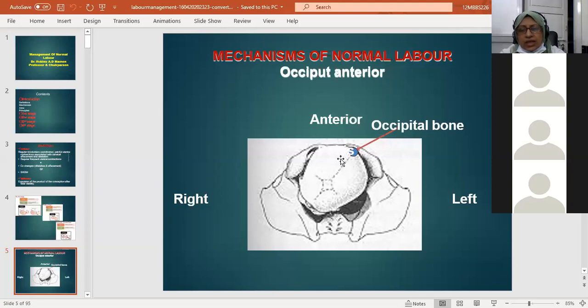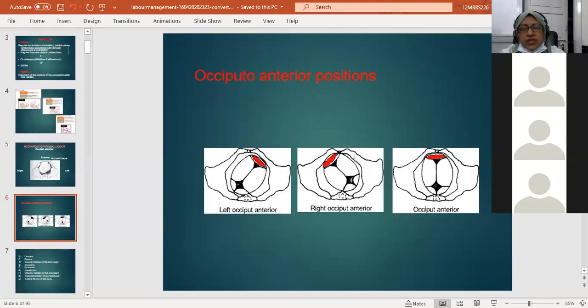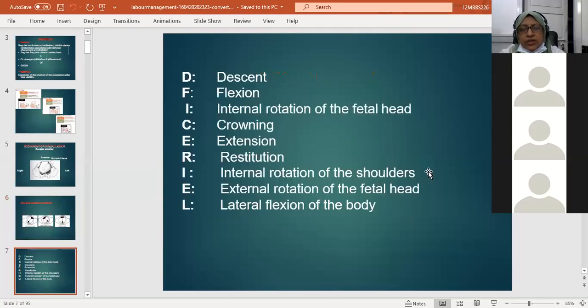This is not the direct occipital anterior, but the left occipital anterior position. If the occiput is on the left side of the maternal pelvis, we call it left occipital anterior. If the occiput is on the right side, we call it right occipital anterior. If it is directly under the pubic symphysis, we call it direct occipital anterior.